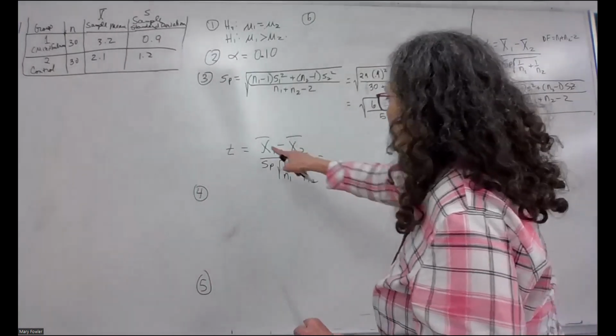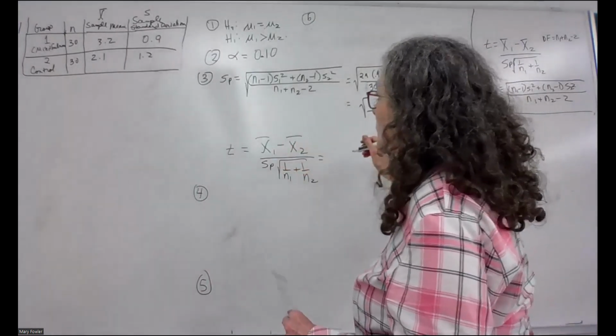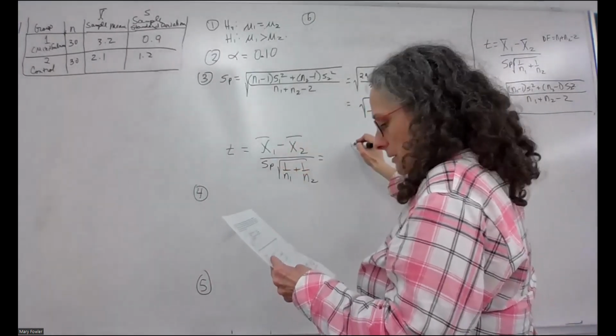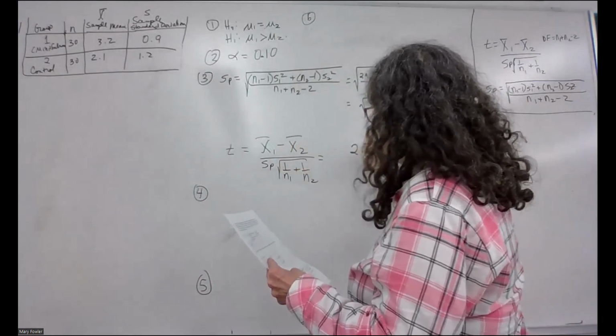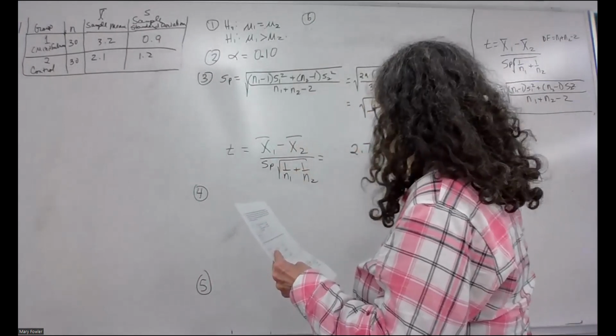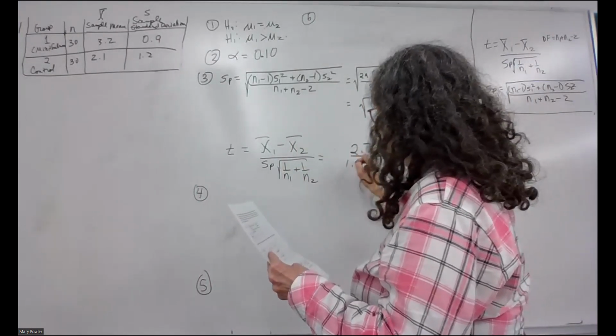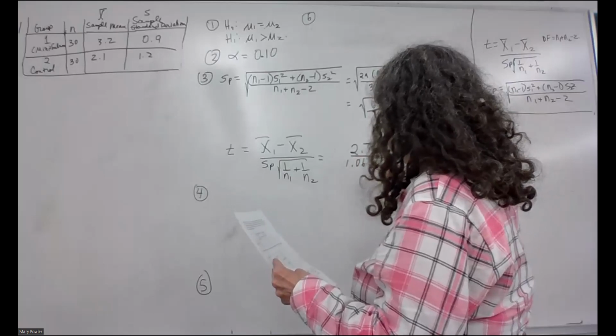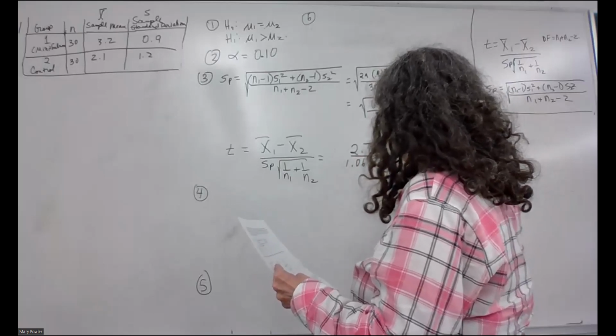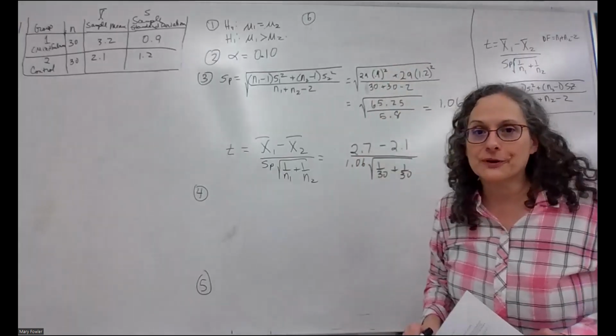T, x bar 1 minus x bar 2: 2.7 minus 2.1. And the denominator, we have the pooled standard deviation times the square root of 1/30 plus 1/30.